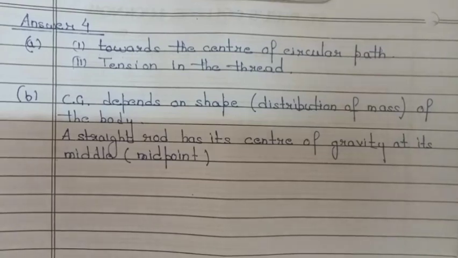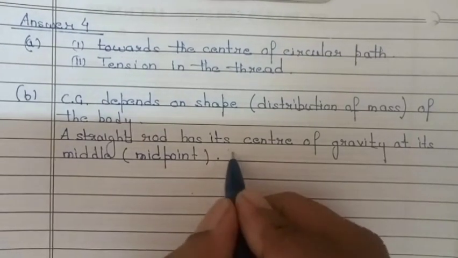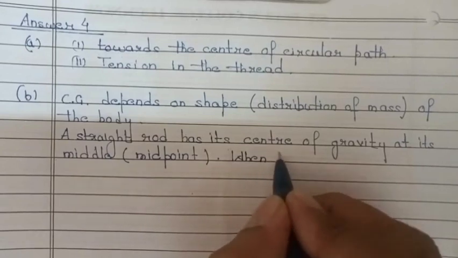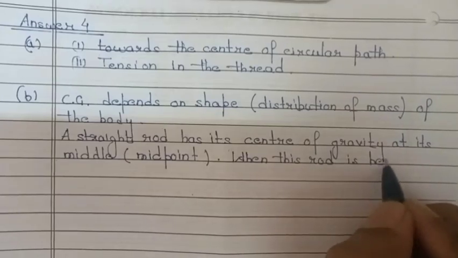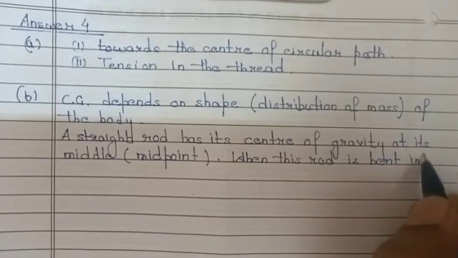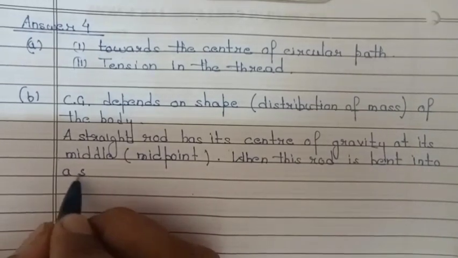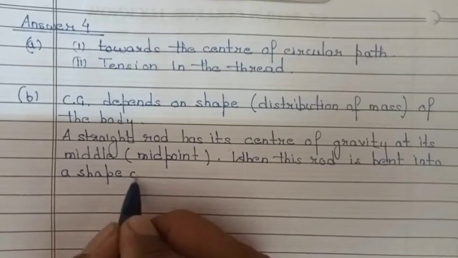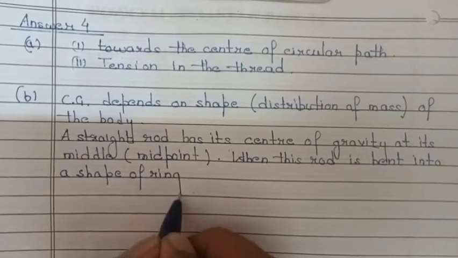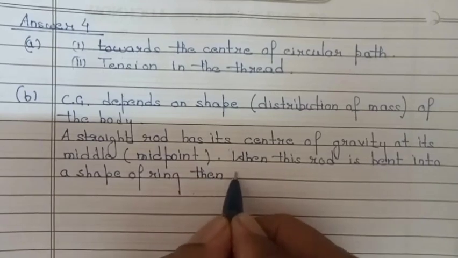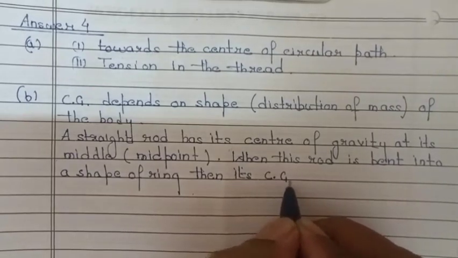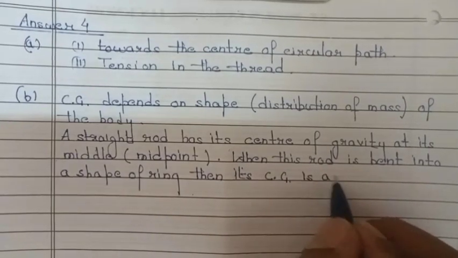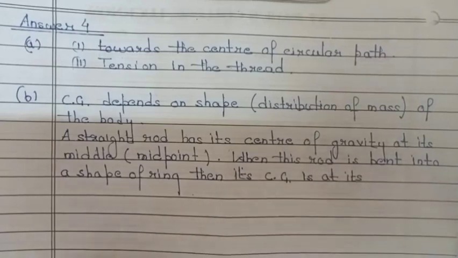But now if the same rod is bent into the shape of a ring, then its center of gravity is at its geometric center.